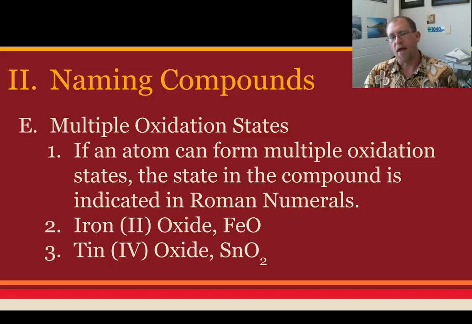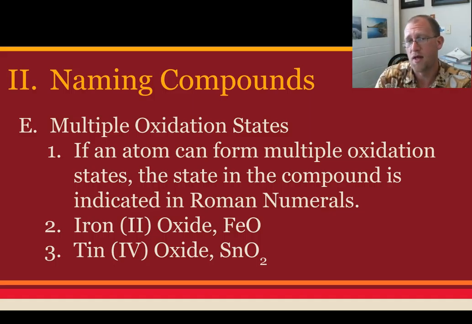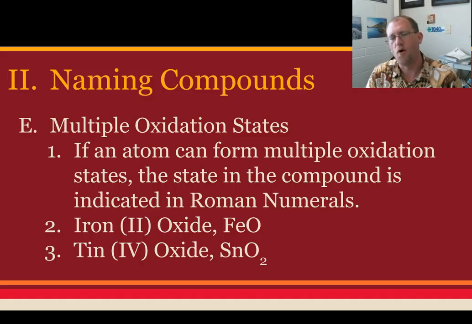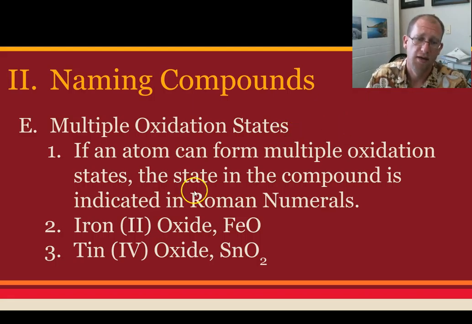Okay, and you can have iron 3 oxide as well, Fe2O3, and so that's another option. So you have to identify the oxidation state. Tin is another one of those transition elements. So tin 4 oxide is SnO2. So the 4 is not how many tin atoms there are. See, there's only 1 tin atom, but it's the oxidation state of that tin atom.